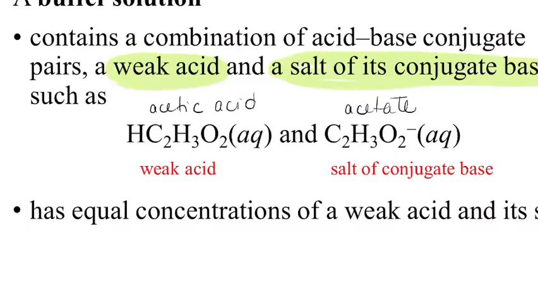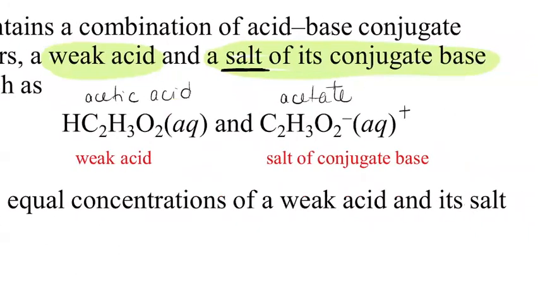Now, in order to make this a salt, all we have to do, guys, is pair it with an element from group 1A in the periodic table. So sodium, lithium, potassium, rubidium, okay?